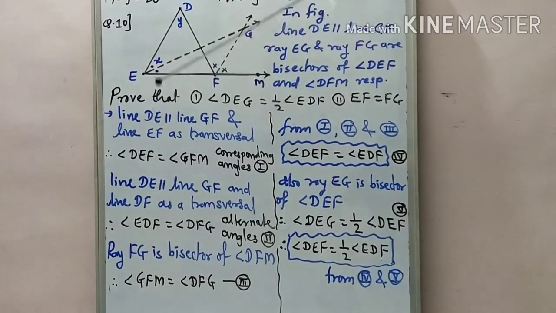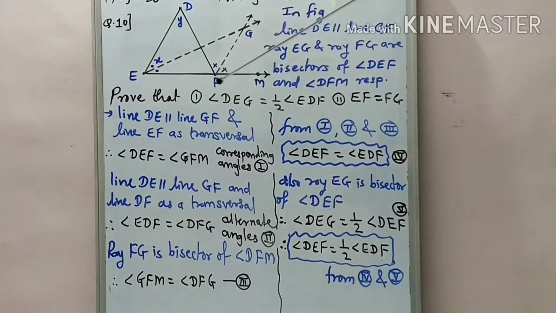Here, first we take these two lines parallel, line DE and line GF as given, and we select the line EF as a transversal, so we get the corresponding angle pair, angle DEF and angle what? GFM.